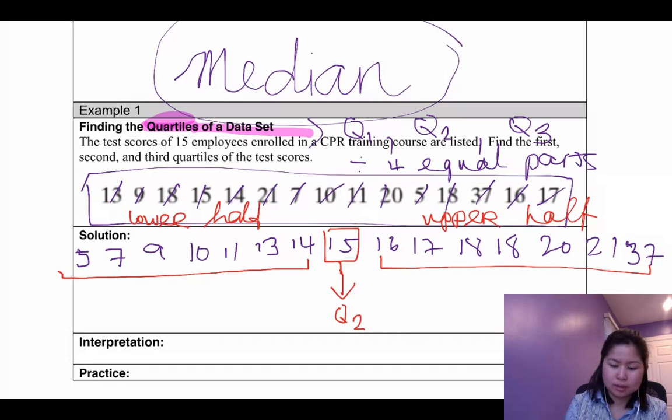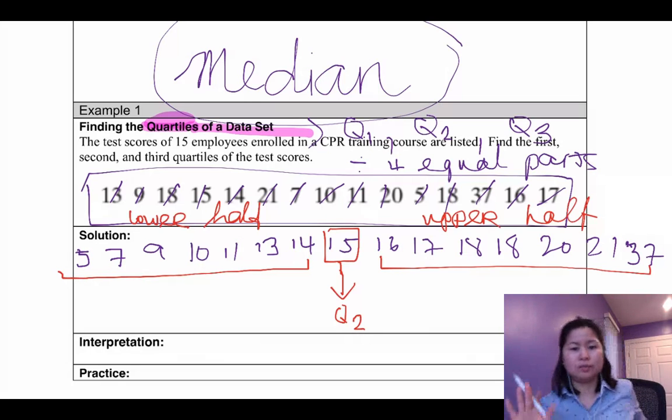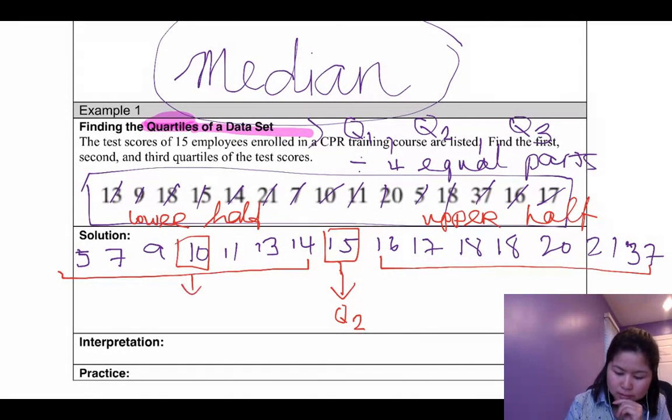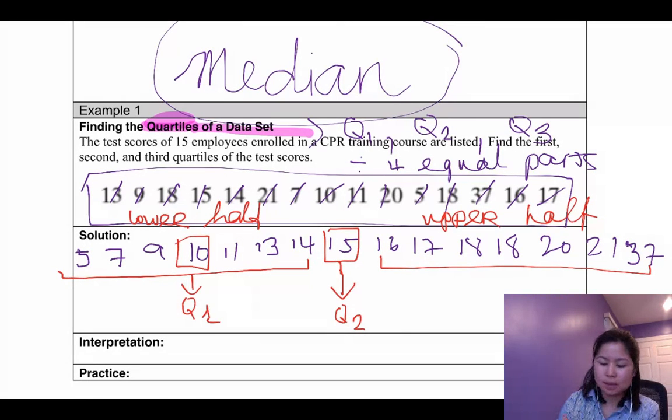I'm no longer counting 15. 15 is already used for Q2. I'm looking for Q1, the median of the lower set. Yes, the middle is going to be 10. So this will be my Q1.